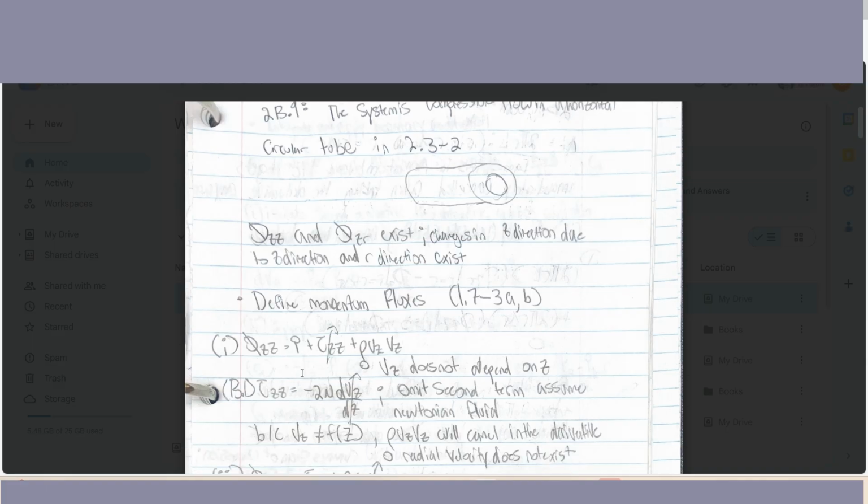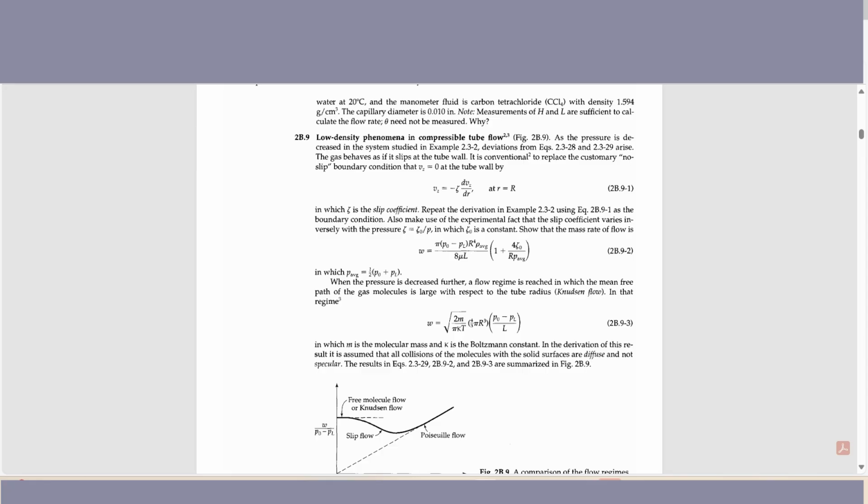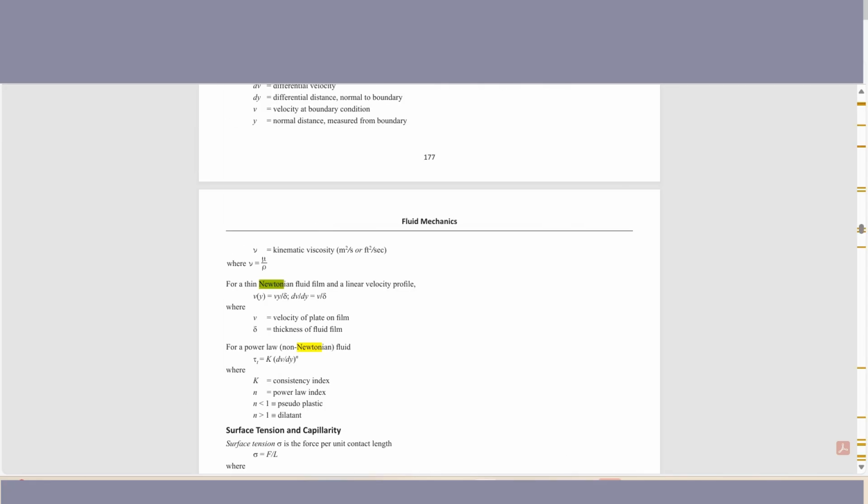So with this, we eliminate this tau ZZ term, and that's because tau ZZ equals negative mu times 2 dVz/dz plus some extra terms. Those extra terms we're omitting because we're saying it's a Newtonian fluid.